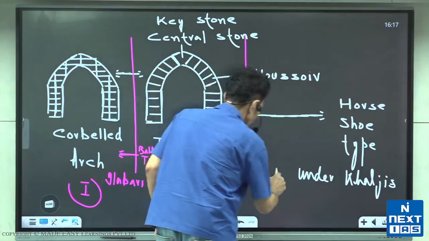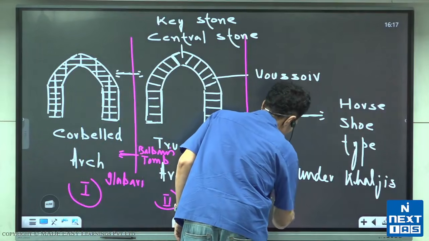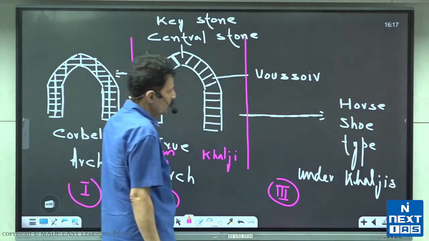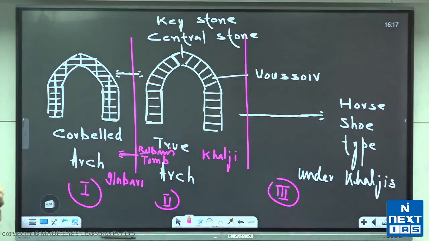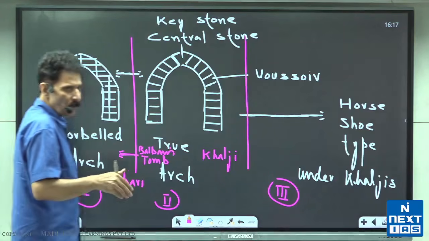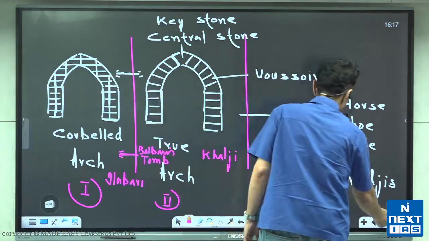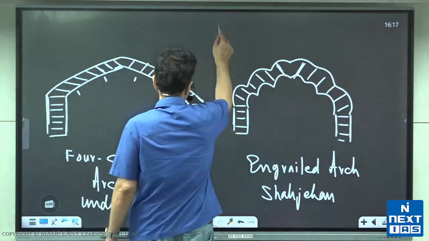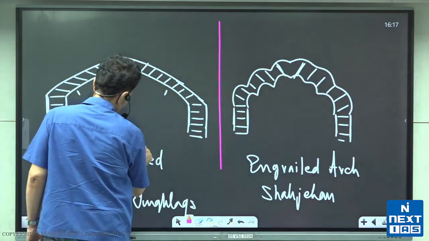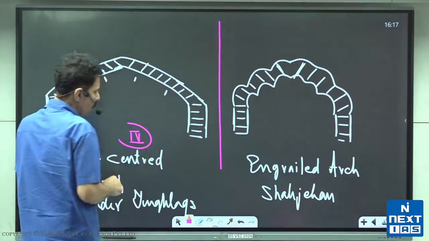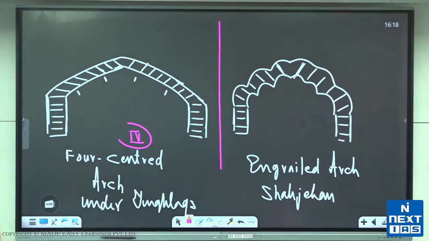And again phase 3, the horseshoe type. Then phase 4, the four-centered arch, under the Tughlaqs, and still under the Mughals.